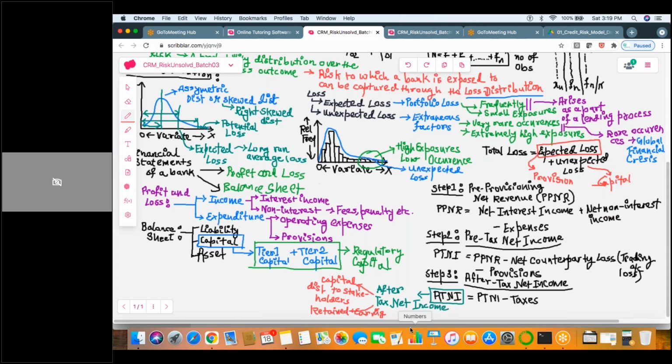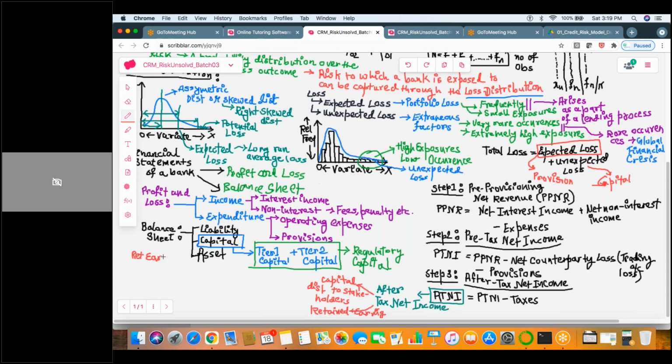Right. So we have these two parts. One is the capital distribution to stakeholders. The second is the retained earnings. Now these retained earnings are used by the banks to add to their equity. So the question that comes next is, what do retained earnings do?